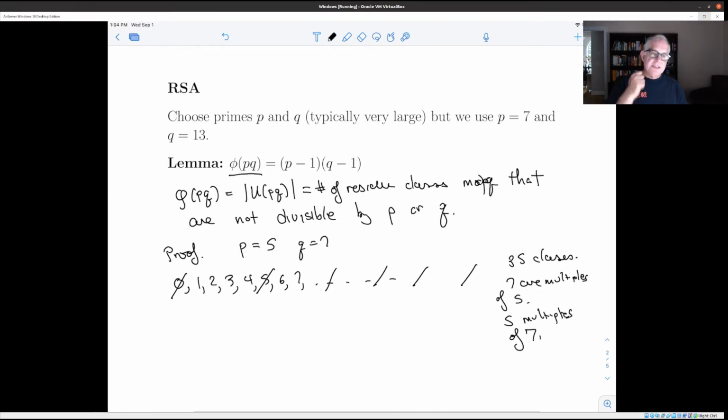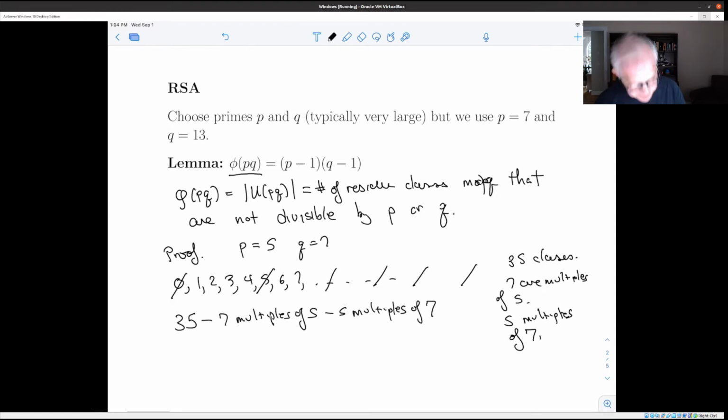Namely, 0 times 7, 1 times 7, 2 times 7, 3 times 7, and 4 times 7. So if we throw those out, we have 35 residue classes. We throw out 7 multiples of 5. And we throw out 5 multiples of 7.